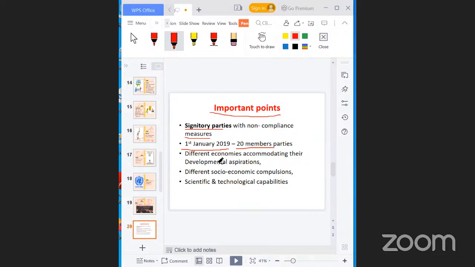It has shown considerable flexibility in approach while setting phase down targets for different economies, accommodating their developmental aspirations, different socio-economic compulsions and different scientific and technological capabilities.